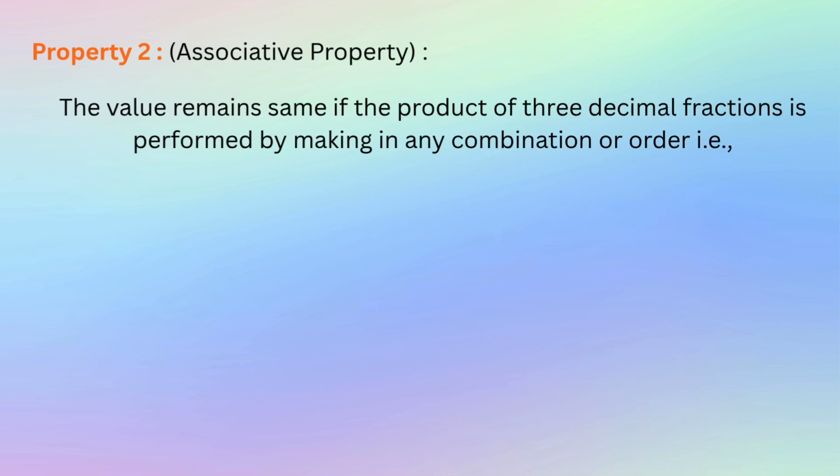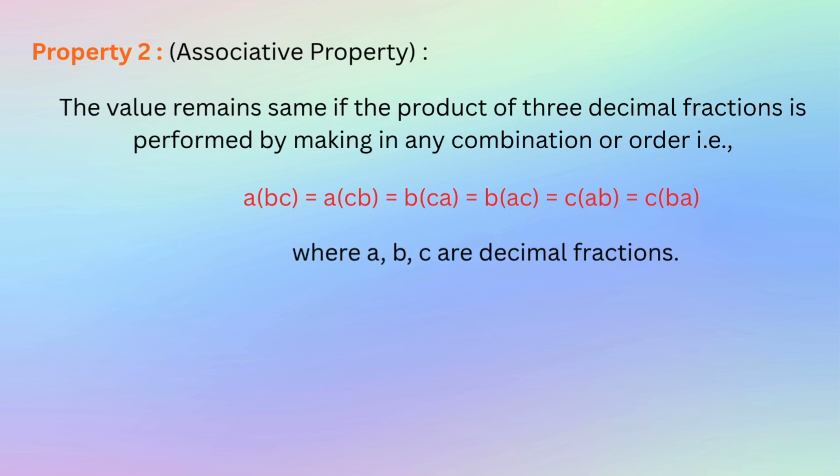Property 2. Associative property. The value remains the same if the product of three decimal fractions is performed in any combination or order, that is, A times BC equals A times CB equals B times CA equals B times AC equals C times AB equals C times BA, where A, B, C are decimal fractions.